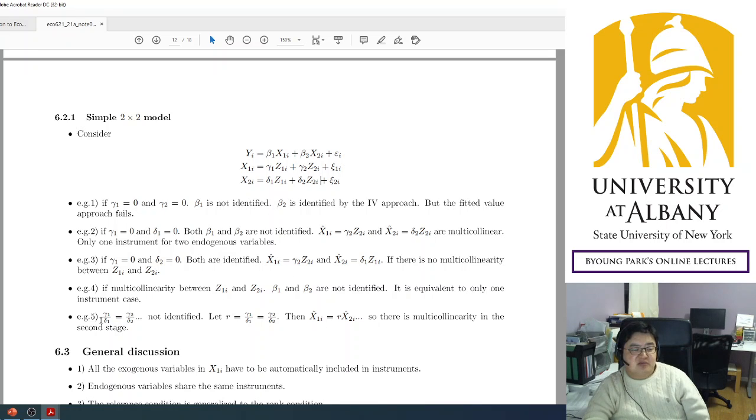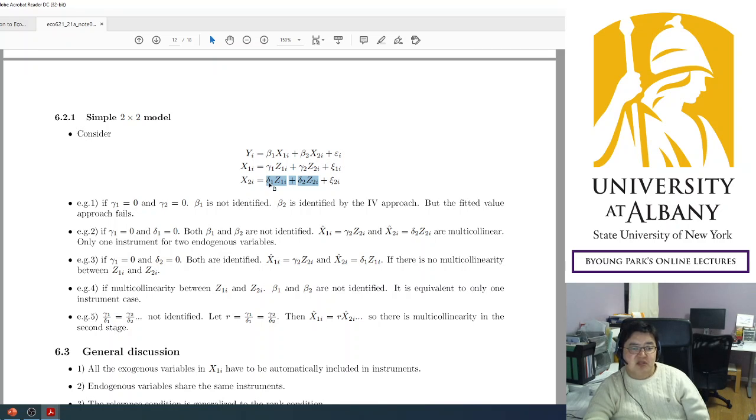And the final example, if those ratios are the same, then the problem here is, when you think about x1 hat and x2 hat, so this part and this part are proportional.